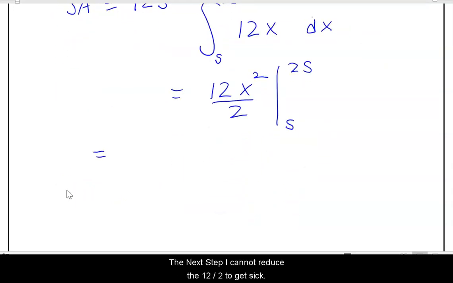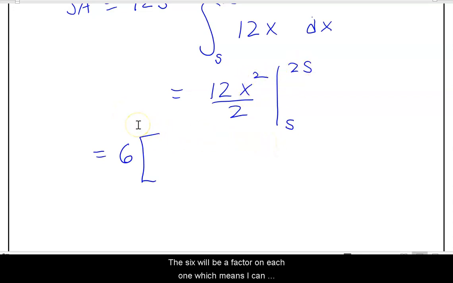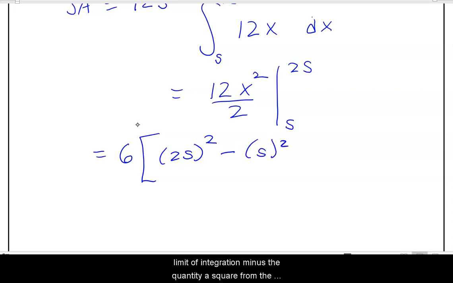In the next step, I can then reduce the 12 divided by 2 to get 6, and I can do the second part separately. The 6 will be a factor on each one, which means I can factor it out and leave the multiplication for the end. This would give me the quantity 2s from the upper limit of integration minus the quantity s squared from the lower limit of integration.